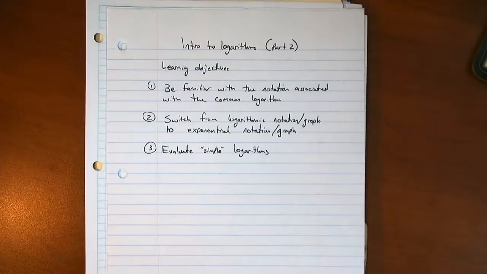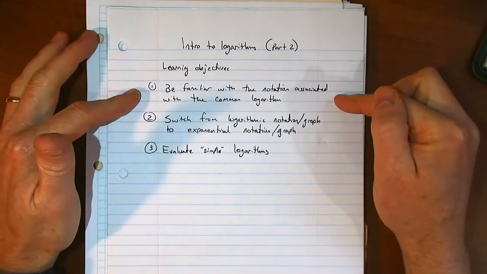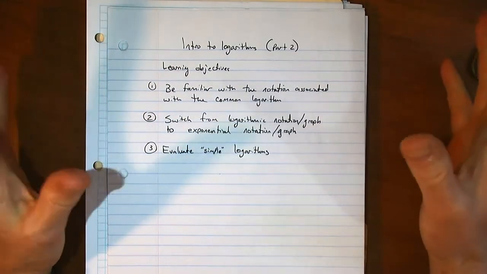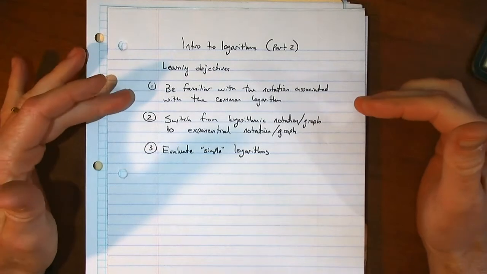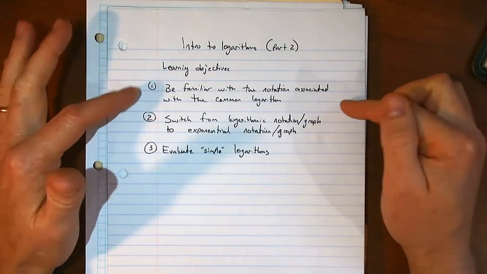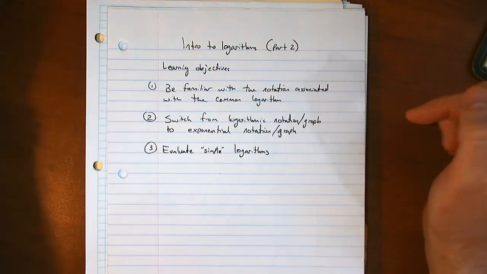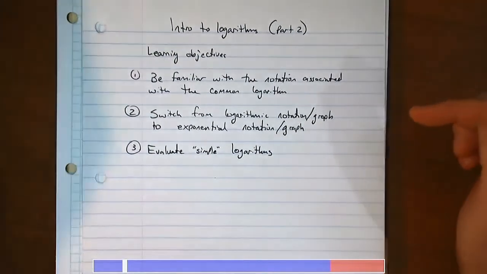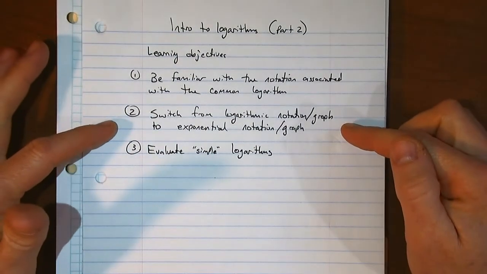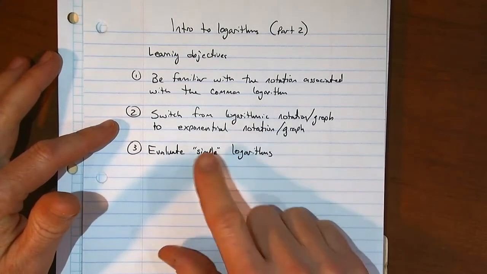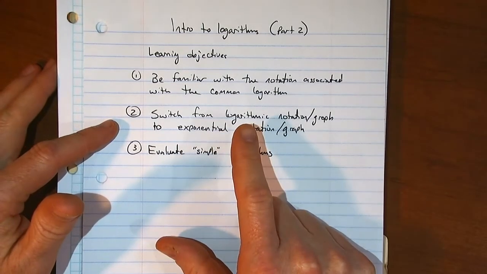So let's begin with our learning objectives, like usual. 3 learning objectives in this. First of all is another notation learning objective. So I mentioned in the last video that there are 2 kind of shortcut or shorthand pieces of notation associated with logarithms. I'm going to introduce the first of those 2 things in this video here. Then the second thing, in the last video, we switched from exponential notation to logarithmic, and from exponential graphs to logarithmic graphs.